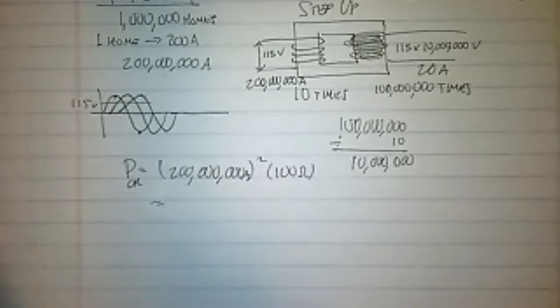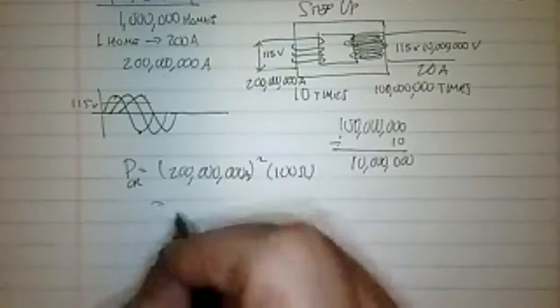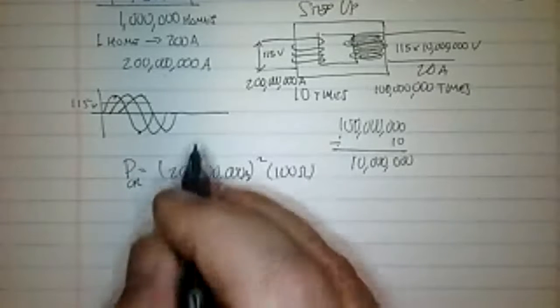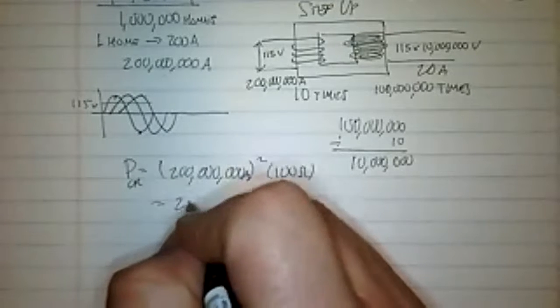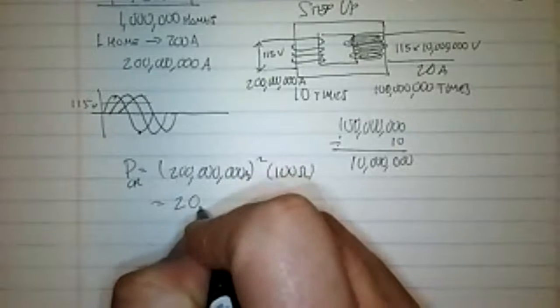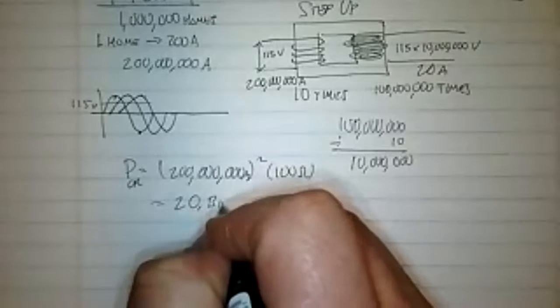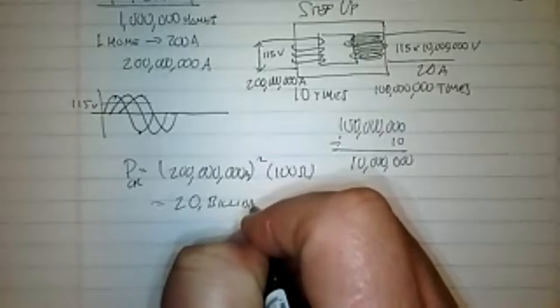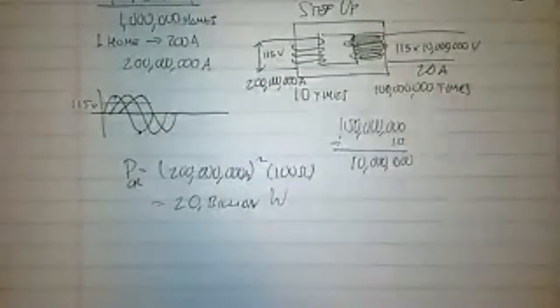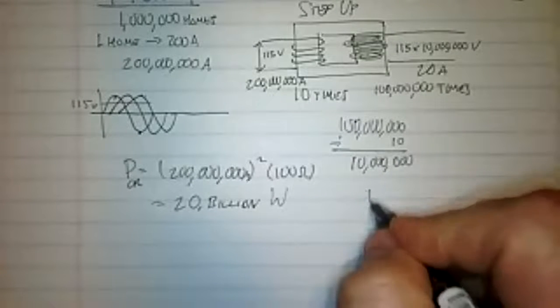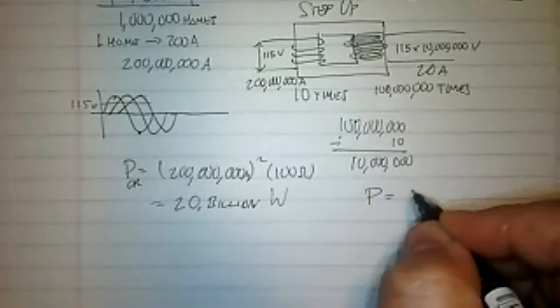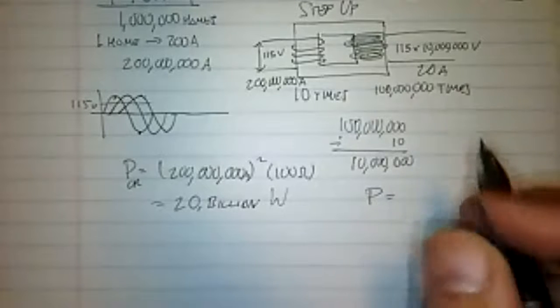I'm just not used to dealing with big numbers, so I don't want to accidentally say 20 kabillion, because a kabillion evidently is a real number, but it's actually 20 billion. That's 20 billion watts being lost.